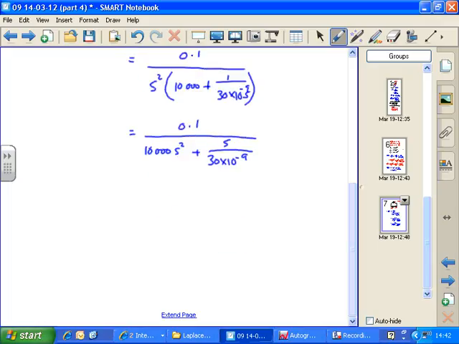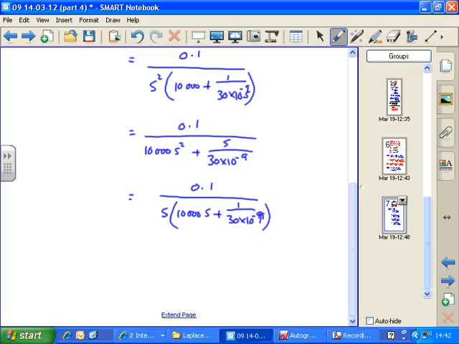This equals, if we bring the S outside the brackets at the bottom, 0.1 over S into 10,000 S plus 1 over 30 times 10 to the minus 9.